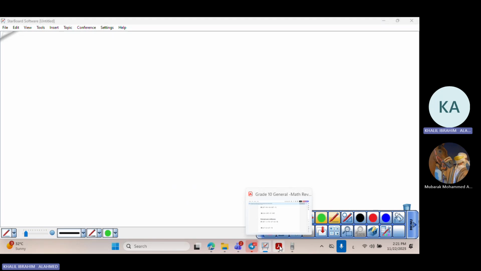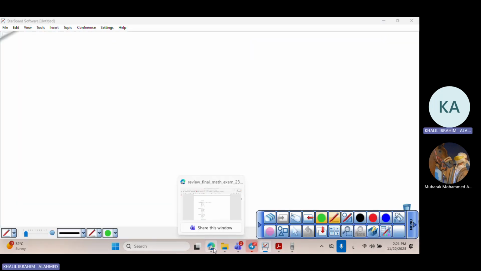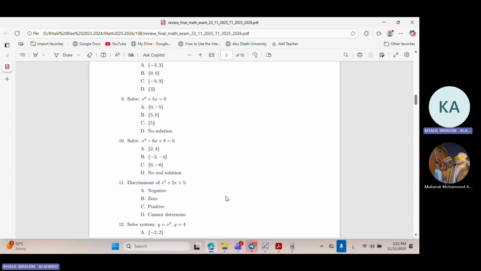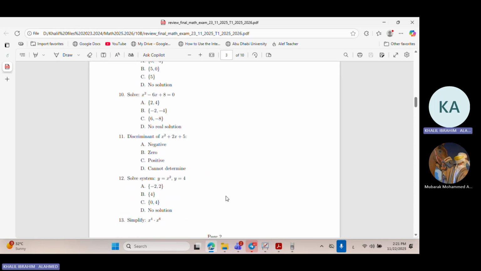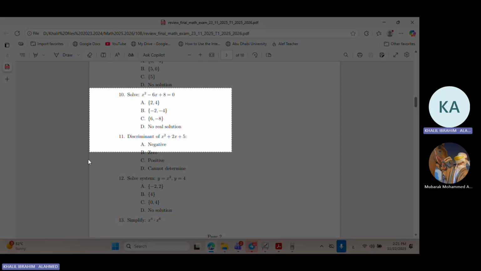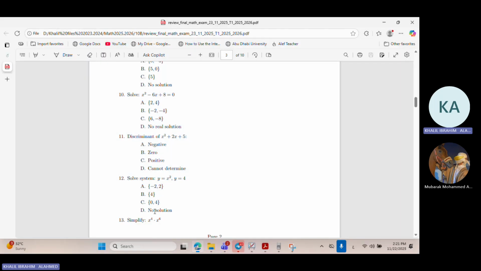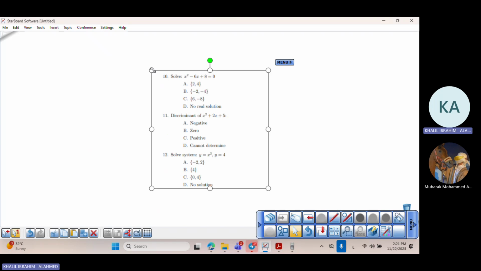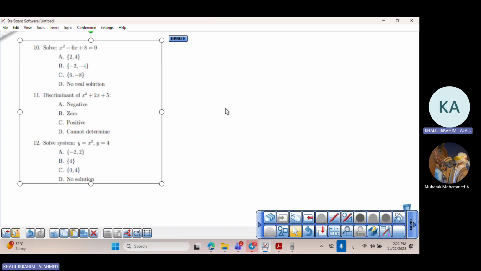I think here, the questions from 10 to 13, maybe to 12. Multiple choice also. These are 3 questions. I will try to explain step by step how to solve them by using the calculator or by hand.